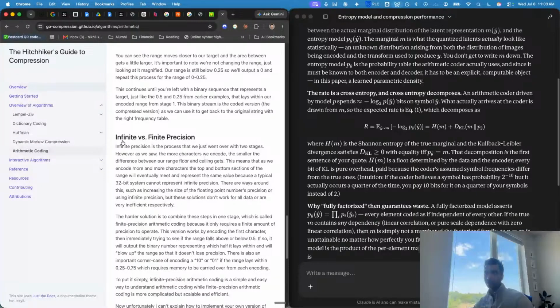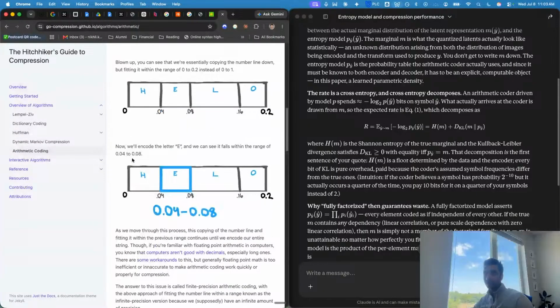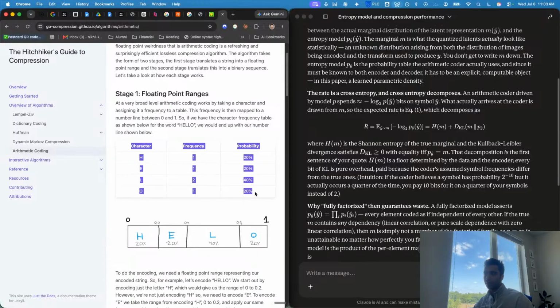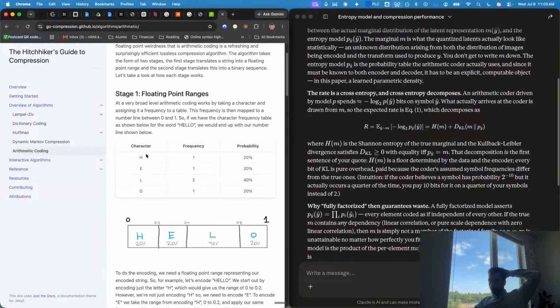Like, let me show you this. Like you have this frequency table. Yeah, you have this. It's just fully factorized. Okay. It's fully factorized because in each row you're only considering each character alone. Although, wait, okay, bad example.